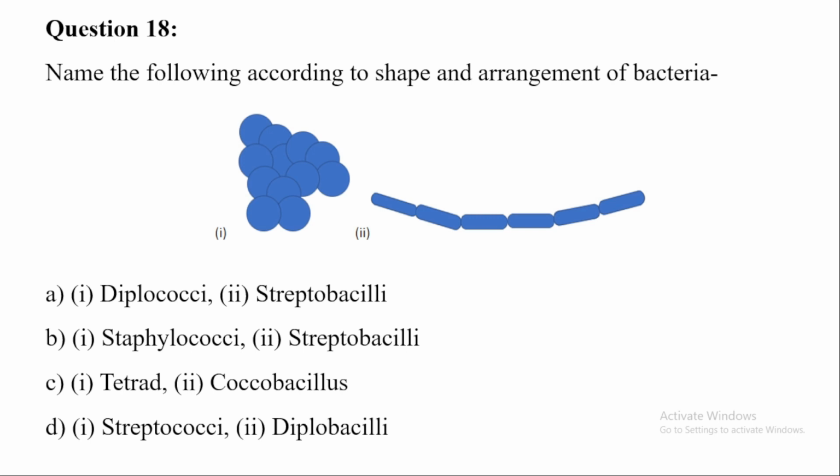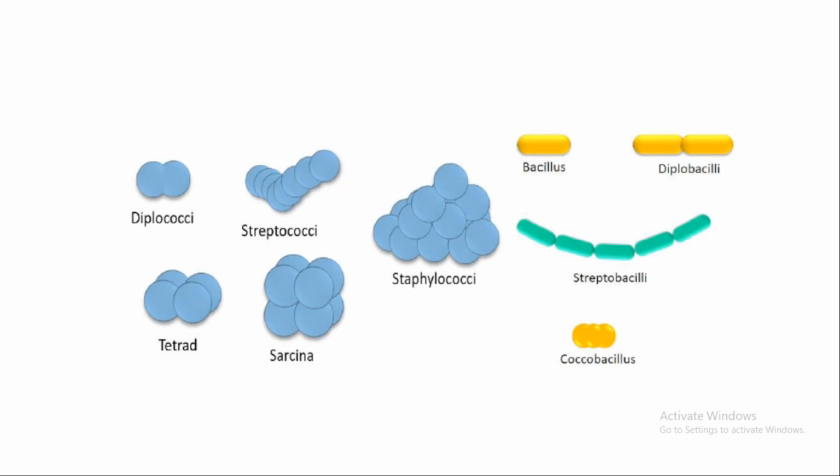Let's see different shapes of cells. A cocci is basically a spherical cell. A single spherical cell is called coccus, and a cylindrical cell is called bacillus, or multiple cells will be called bacilli.